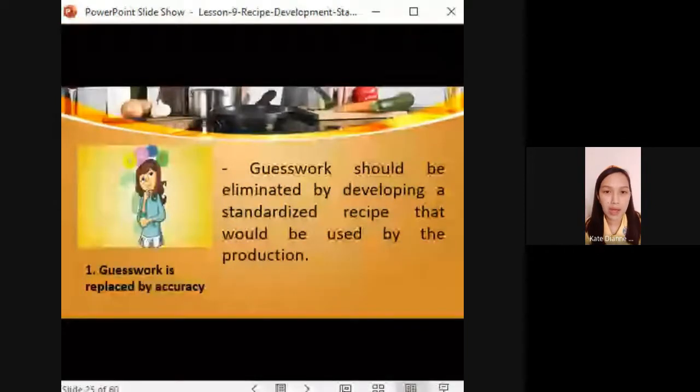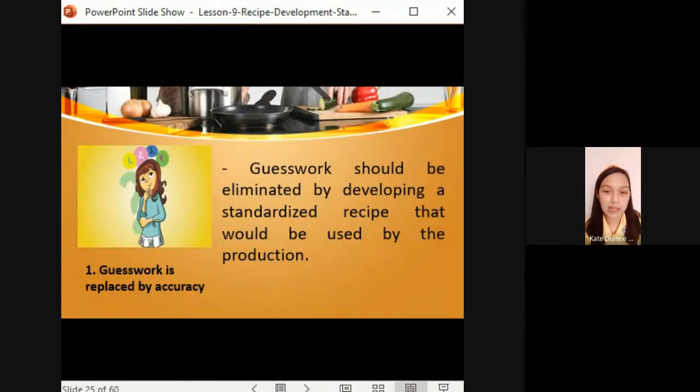Yung madami tayong haka-haka na paano kung ganito, mas maraming asin, mas maalat, mas matamis ba to, mas mapait. Pag standardized na yung recipe natin, wala na tayong ganun. Sure na tayo sa bawat ginagawa natin kasi may sinusunod na tayong standard recipe or standard procedure. Next, sir.